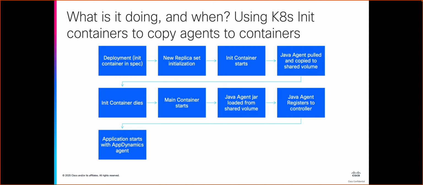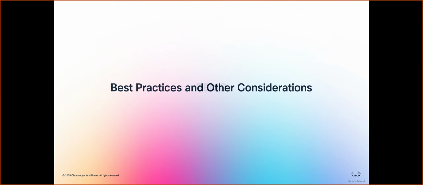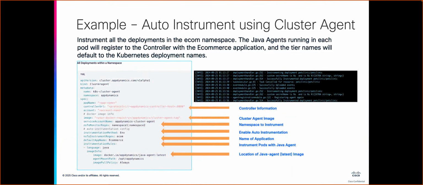The cluster agent has that information where you fill it in about the spec, and that spec is basically right here, where it calls out which applications are instrumented, what controller they're going to speak to, which namespaces they're loaded into, all of this good stuff.